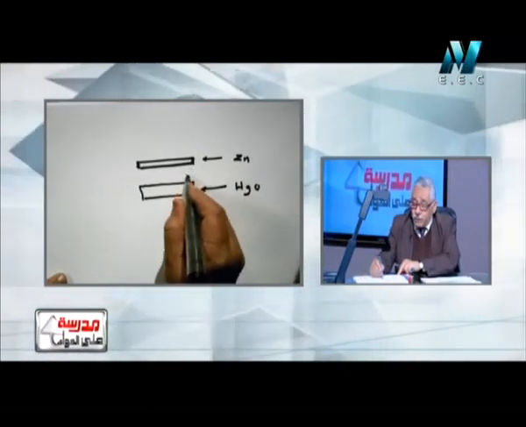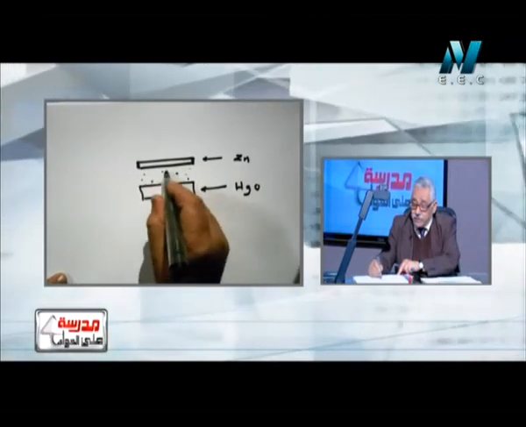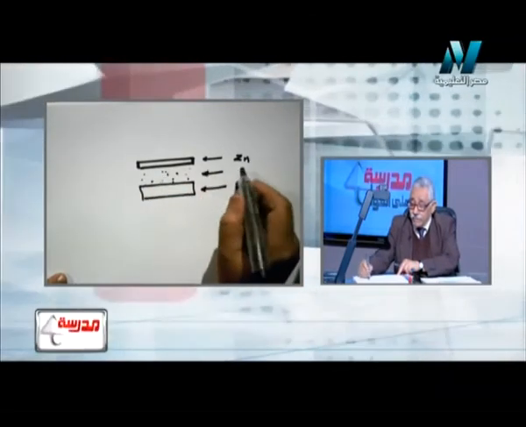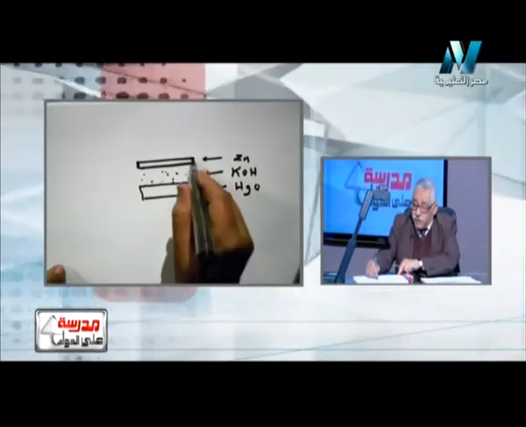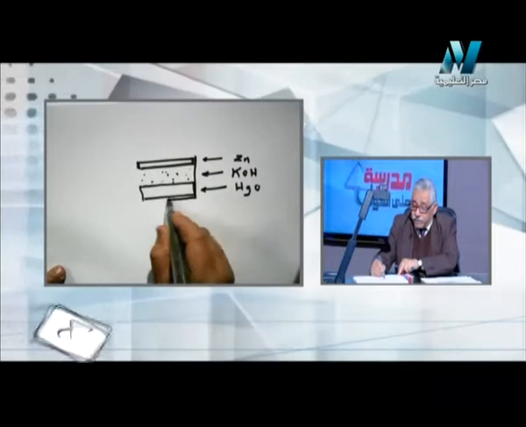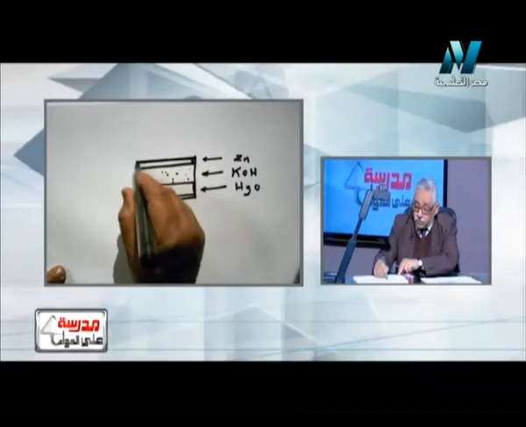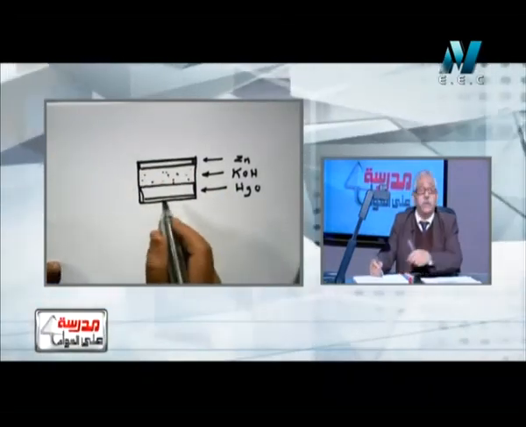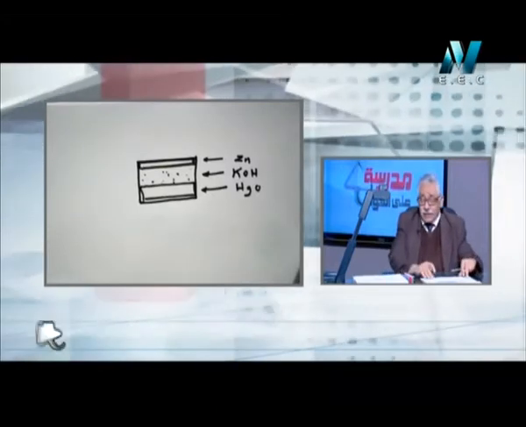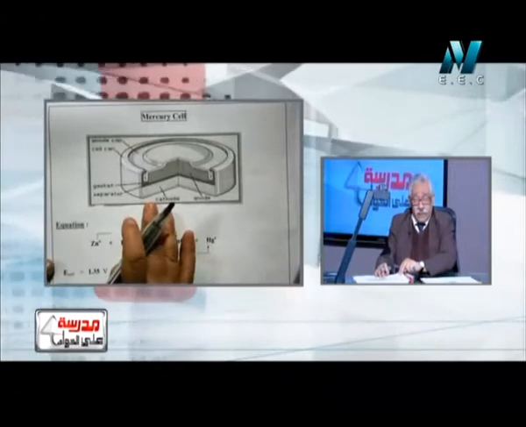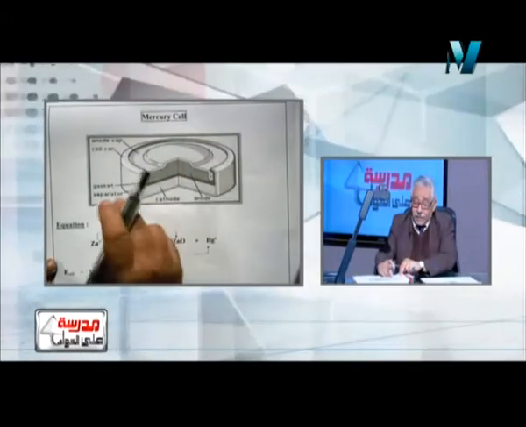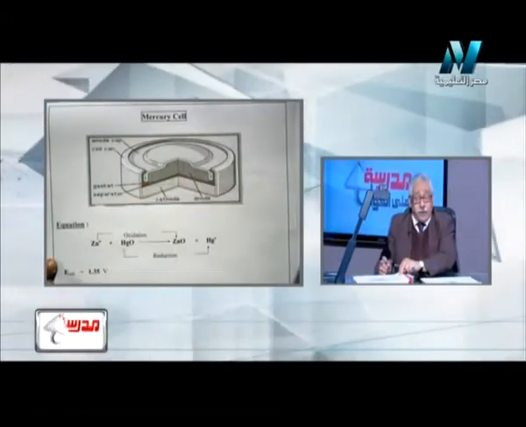Between them is the electrolyte, which is KOH, and this must be closed carefully, because it contains mercury. This is the symbol diagram for the mercury cell. The same: anode, cathode, and the separator is the KOH.